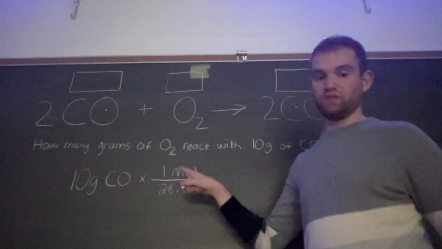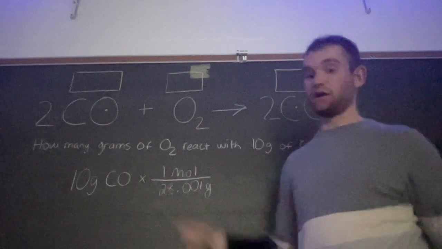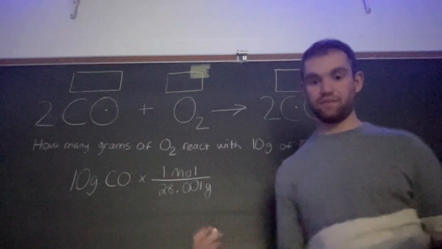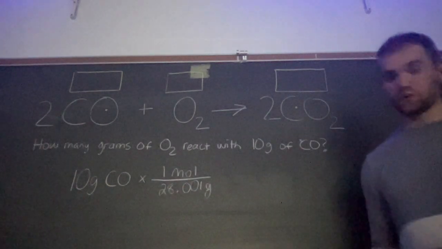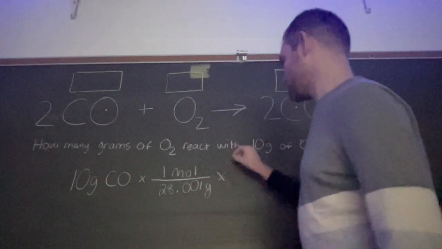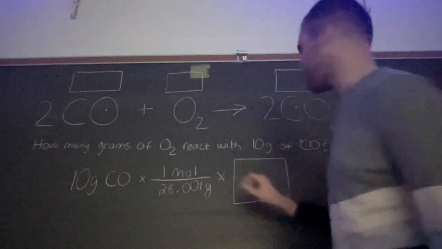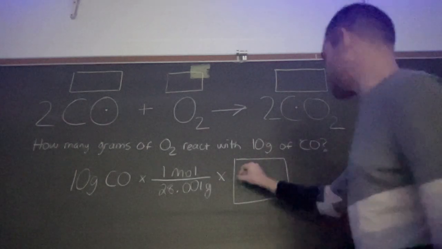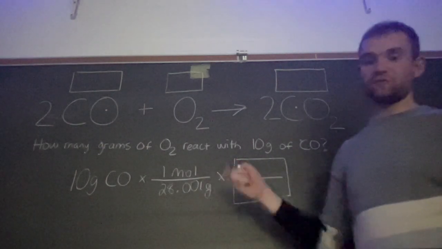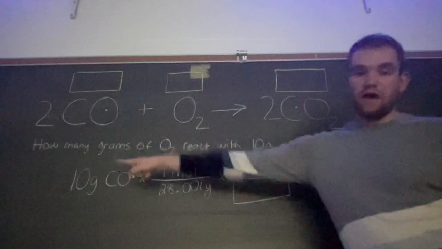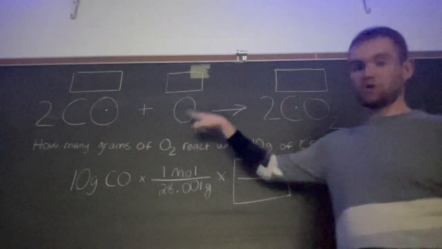Now I'm at moles, and I'm at moles specifically of CO. I haven't changed my chemical yet. Now I'm going to change my chemical. So I'm going to draw a little box to indicate that I'm using my mole ratio. And inside the box, I'm trying to get, in the question here, how many grams of O2. So I'm going to O2.